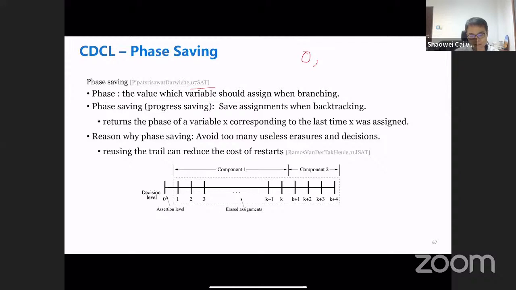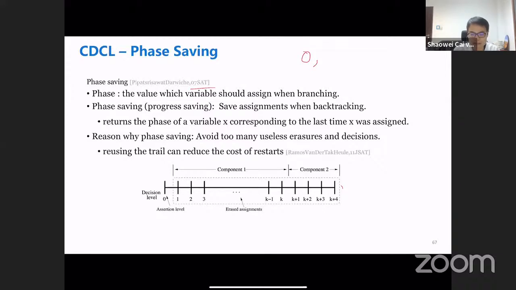Why do that? Because when we backtrack, for many variables, their assignment will be erased, right? And then we need to decide again which value to assign to this variable. But we discovered that actually, when we backtrack, the formula can be divided.